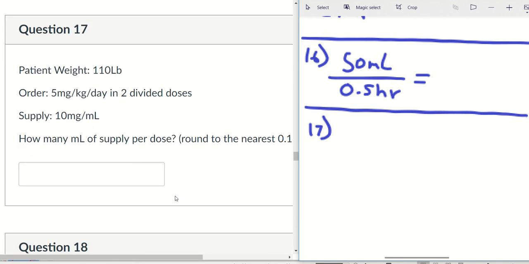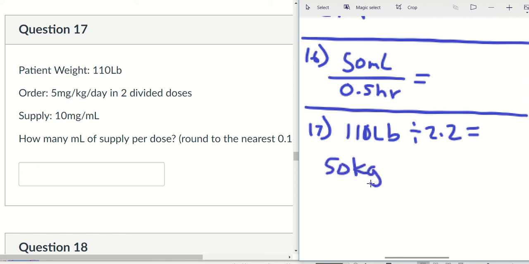Weight dependent dosing. So we have to do what? 110 lbs divided by 2.2 yields 50. So 50 kgs. And the order calls for 5 milligrams per kilogram.